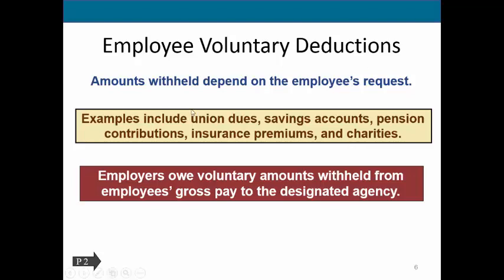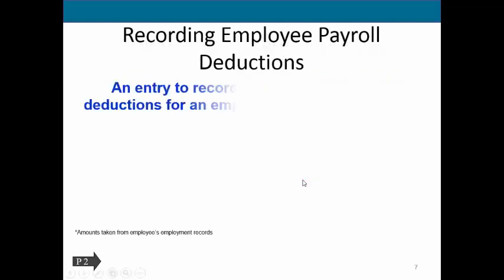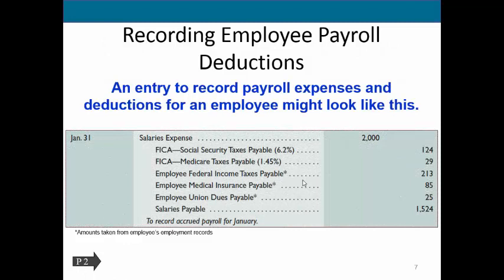These are things that an employee voluntarily selects to have withheld, but whenever the company withholds that on behalf of their employee, they have the legal obligation to get it to whoever the employee wants that money to go to. So let's go ahead and look at how we make these types of transactions.